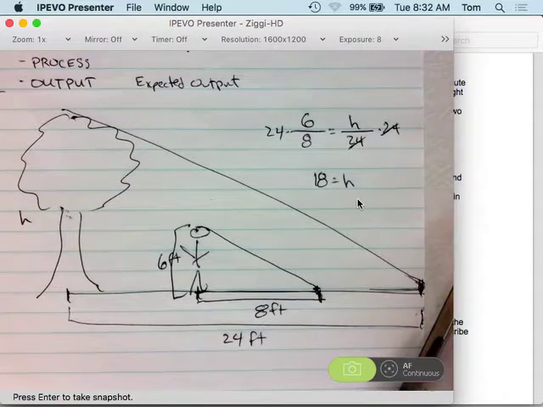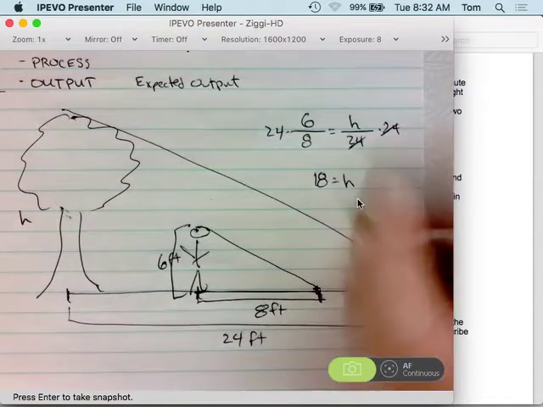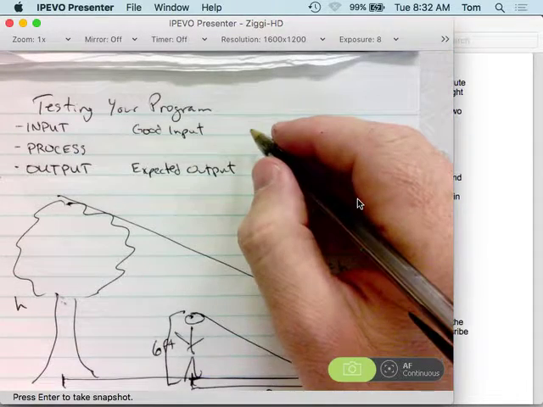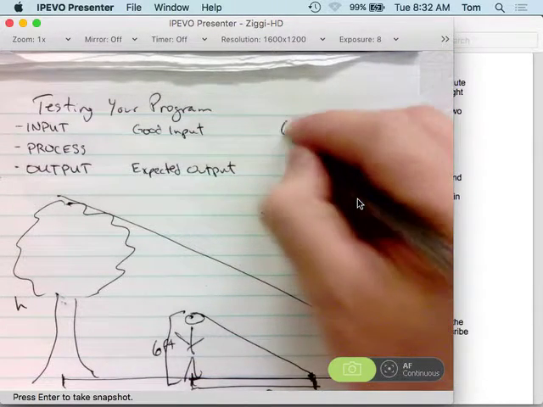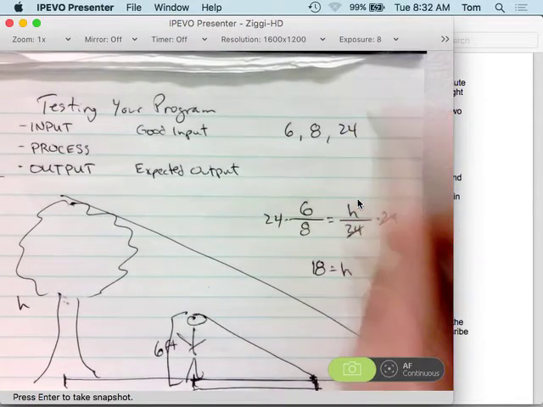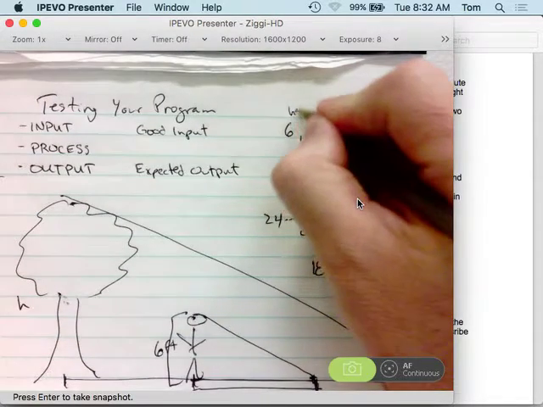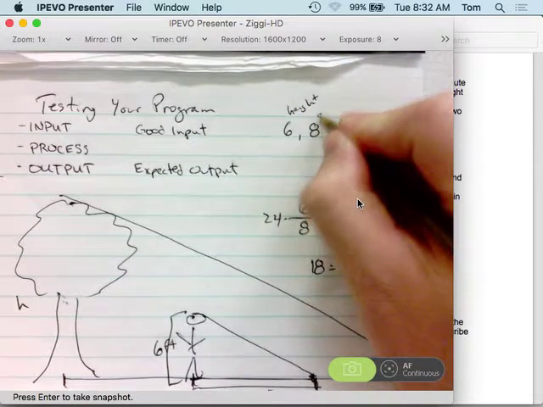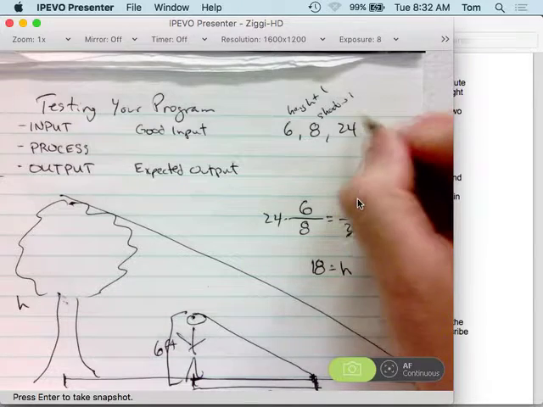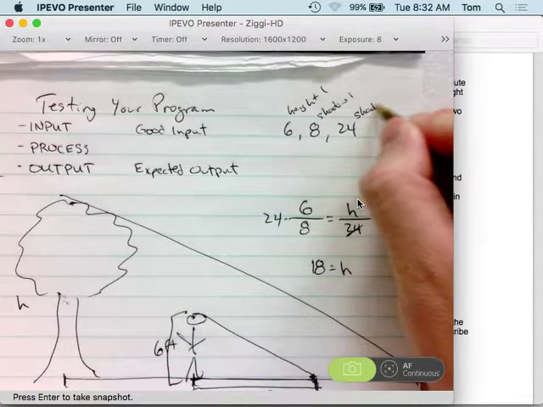So in our program, going back up to here, we're going to input 6, 8, and 24. This is height 1, shadow 1, and this is shadow 2.